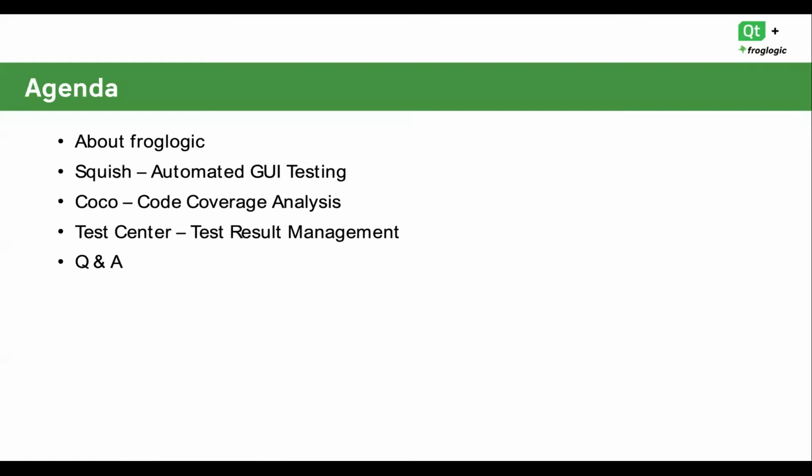Then we will also talk about our Coco tool for code coverage analysis. And finally, about Test Center, which is a rather new product, which we just launched last year for the management of test results and further analysis. And then towards the end of the session, of course, we will also run a Q&A session so you can ask any questions which you may have about our products.